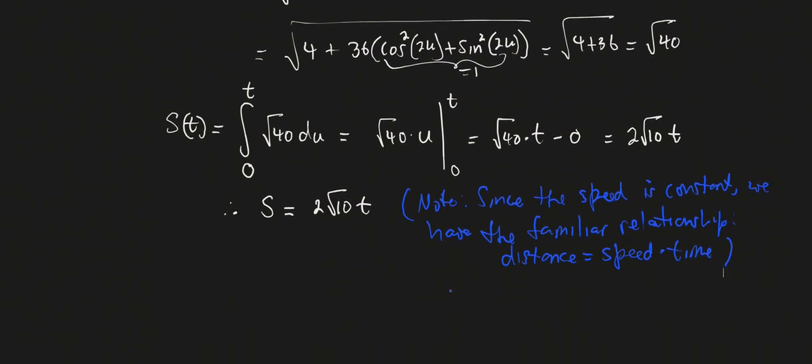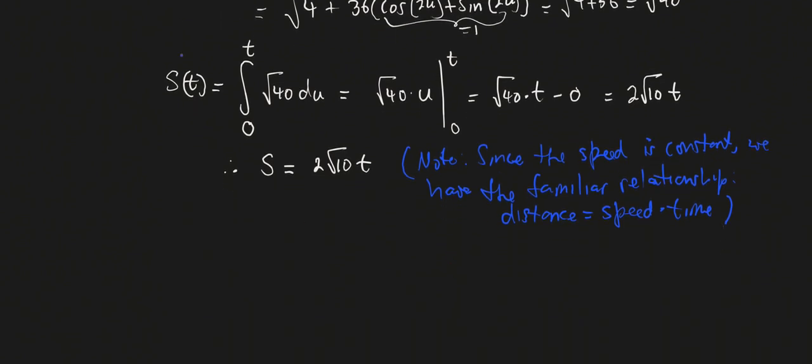Okay, so now that we have this relationship, let's now express our position as a function of distance as opposed to time. How do we do that? Well, if we solve for t, then we get this.